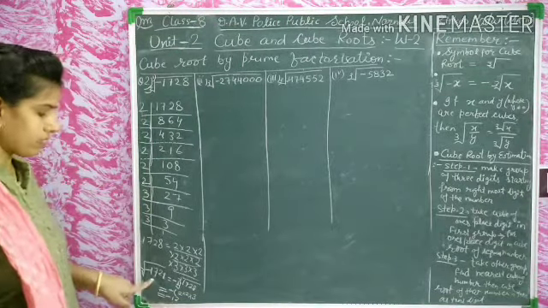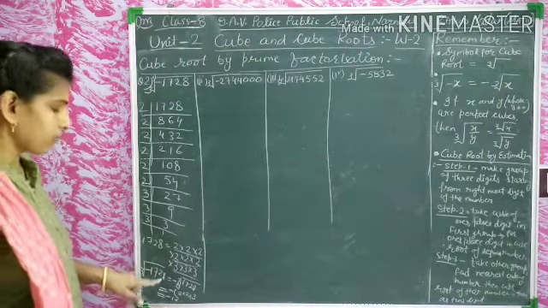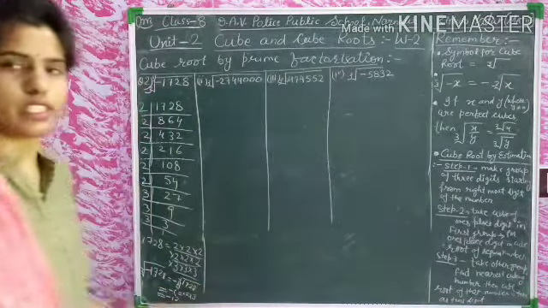The cube of minus 12 is equal to minus 1728. Is this clear, student?